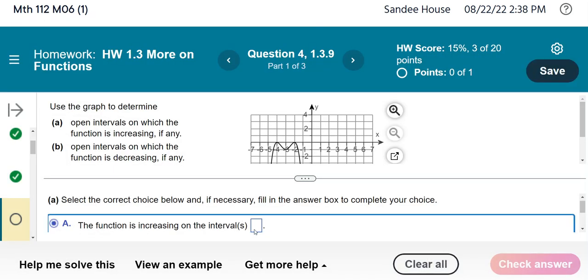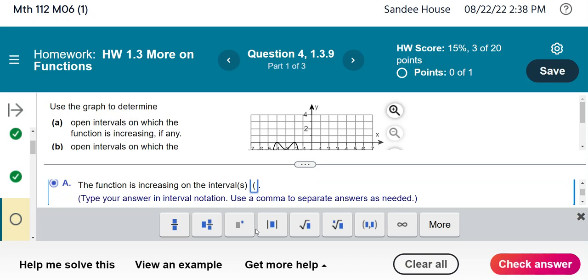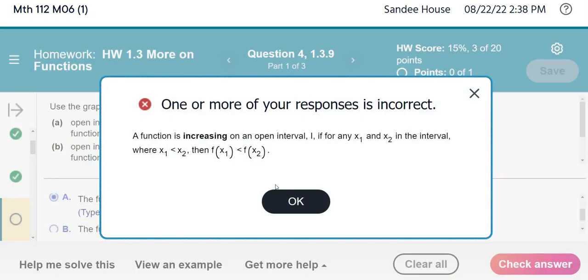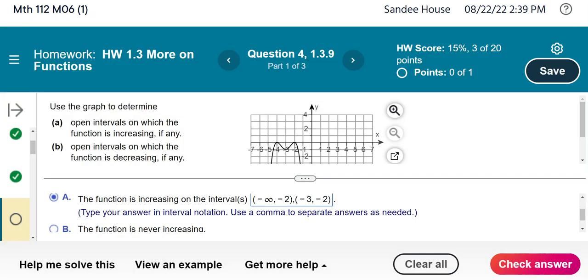So that means it's increasing. So parentheses, negative infinity to -2, comma, now we don't use a union symbol or anything like that. We're just listing these separate intervals, -3 to -2. Let me see why I missed that.